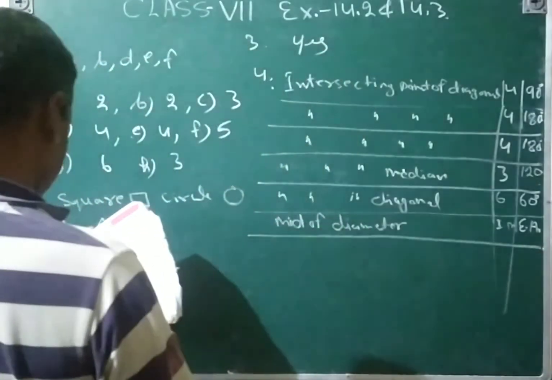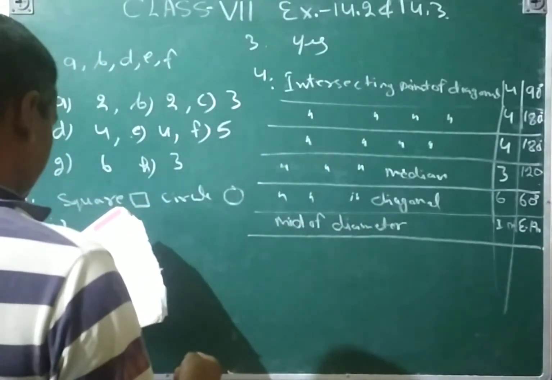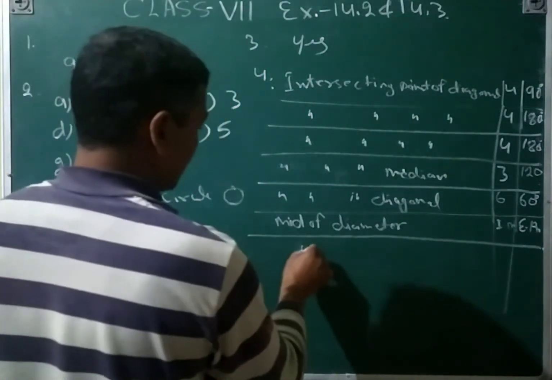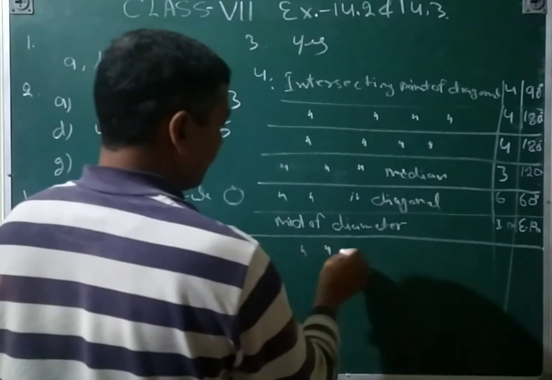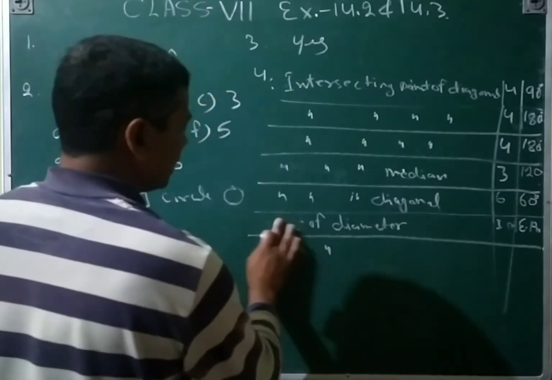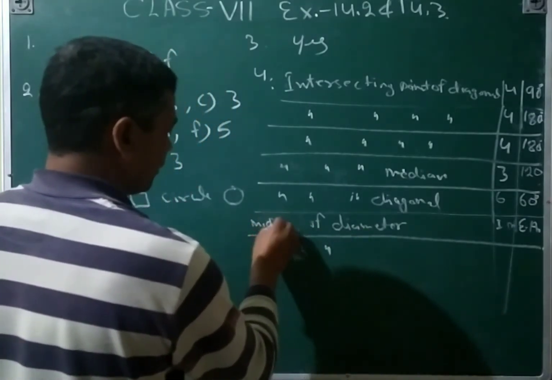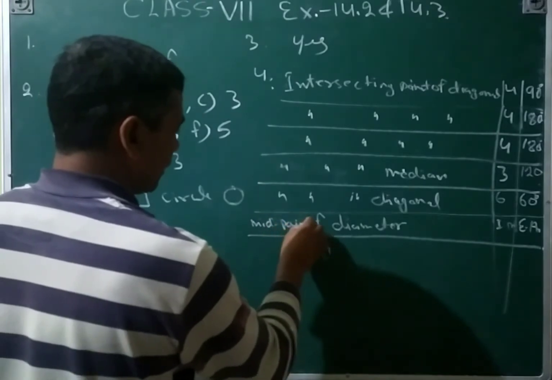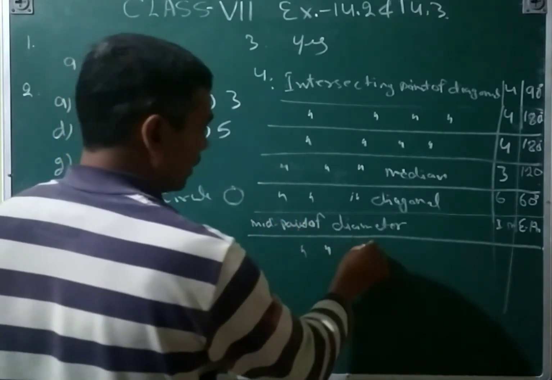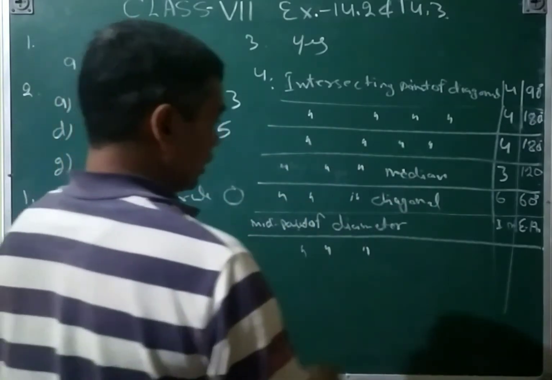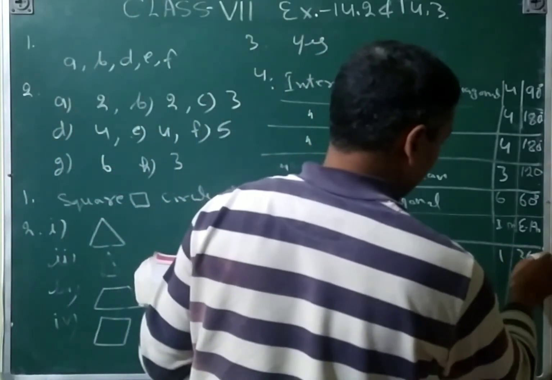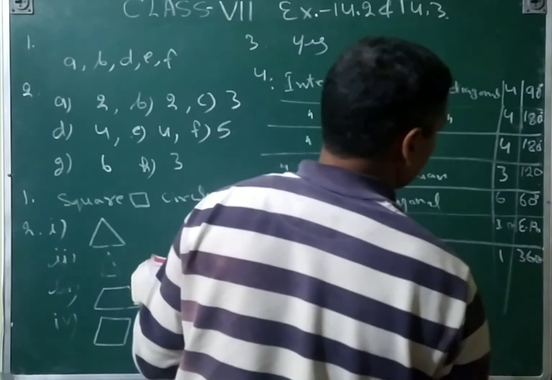And then next is semicircle, same, midpoint of the diameter, that will be 1 and 360.